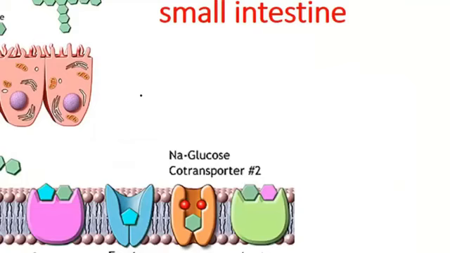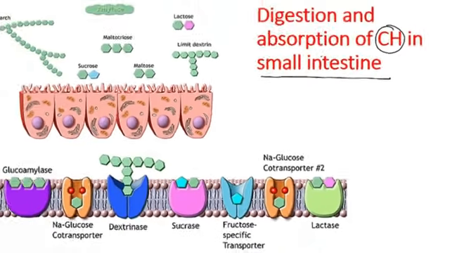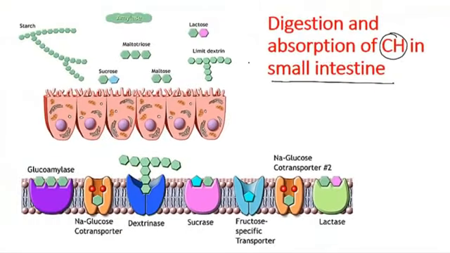As you see here, this is the first part of the digestion in the small intestine, mediated for carbohydrate digestion and absorption. Here comes the pancreatic amylase that continues to digest the large fragments of carbohydrates into smaller fragments, and these enzymes work in the duodenum, which is the start point of the small intestine.